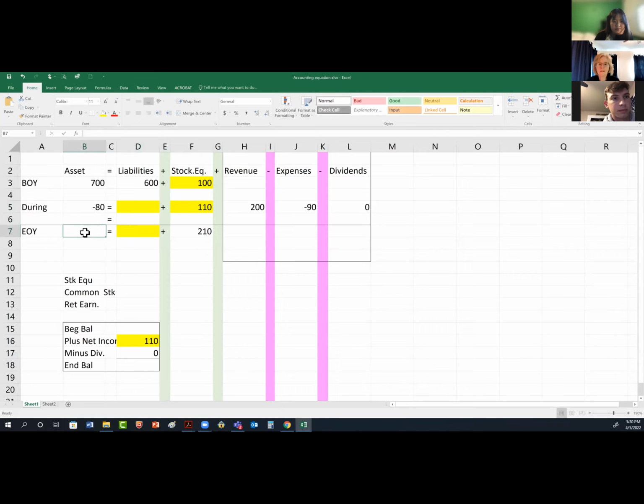So that means the end of the year balance is going to be 620. If end of the year balance stockholders' equity is 210, do I know the end of the year balance for liabilities? So 620 minus 210 is 410, I think. Can't do math in front of the room. Yep. Okay. So just making sure you understand the algebra there.